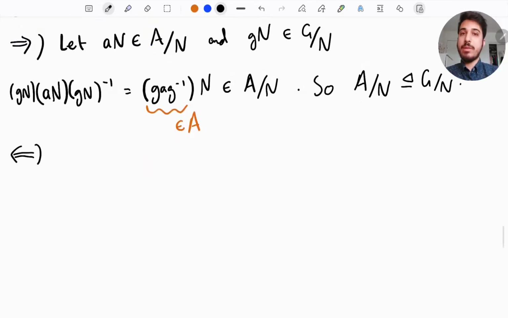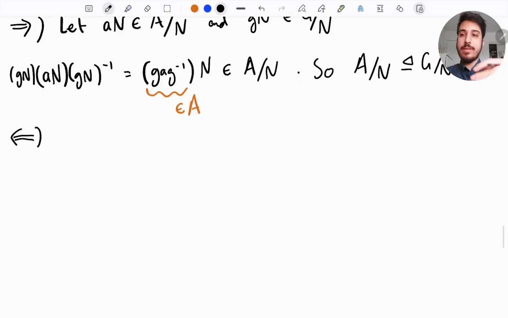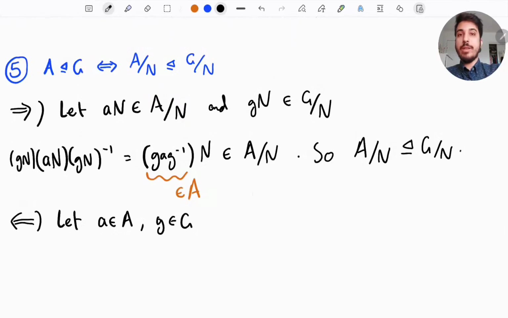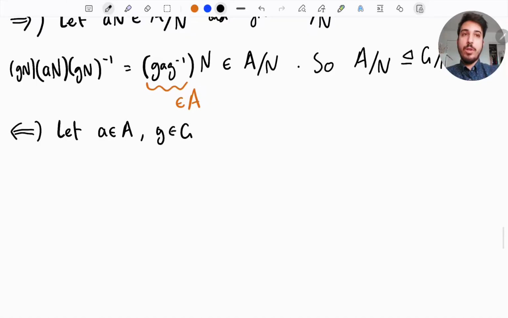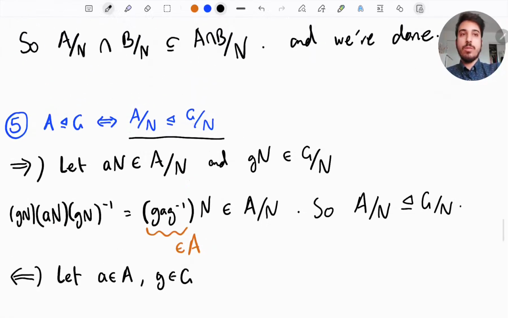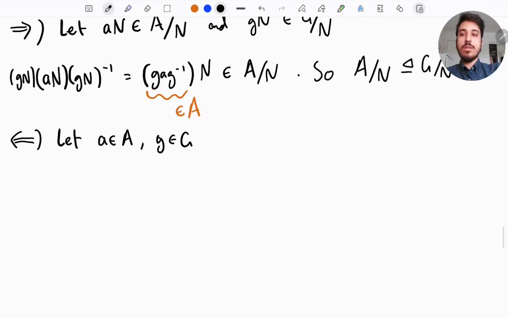To prove the backward direction, we will also do it the same way. Let a be an element in A and g be an element in G. We would like to see what happens when we take g a g inverse. But before that, we know that this is a normal subgroup in that. So aN, gN, gN inverse.